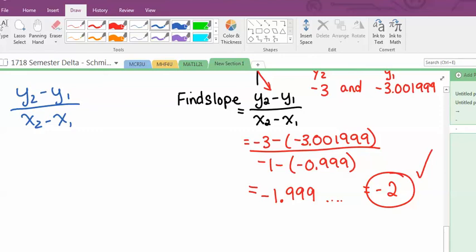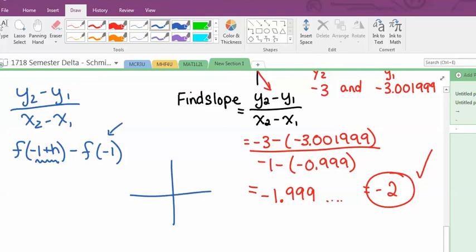I'm going to say if our equation is going to be f of negative 1 plus h minus f of negative 1. And all that means is that's just like me saying, hey, that's f of negative 1, and this one's f of negative 0.999. So this value right here is just me adding on a random value that I'm calling h.